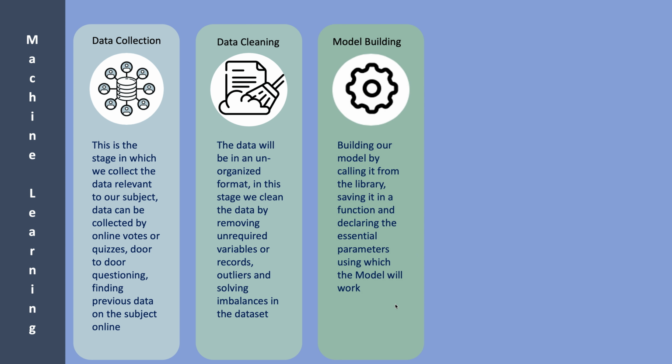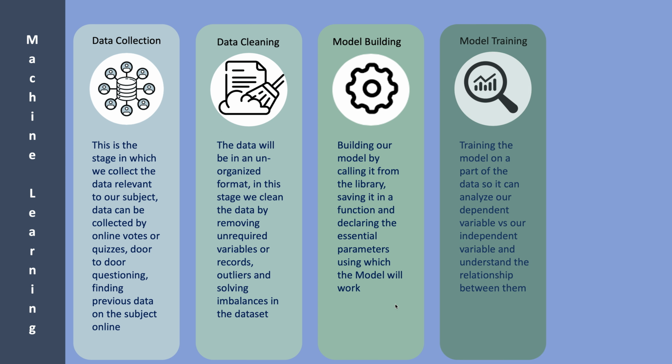Next is the model building, where we call the model from the library. There are many machine learning models, and each has its separate set of strengths and weaknesses. We need to identify which model should be used in this situation, import it, and declare the essential parameters using which the model will function accordingly.